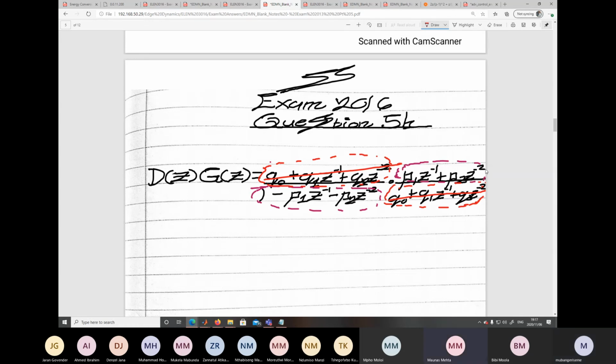Basically, anything that isn't our G plant and our zero order holds, and if you multiply all of those together, that multiplied with our G of Z should give us this Kalman's thing. Yeah. Okay, that makes sense. Cool.